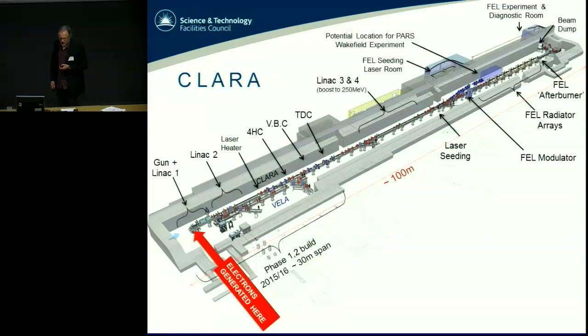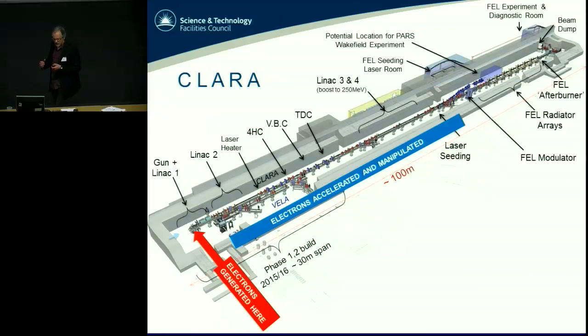Electrons are generated here in the GUN and LINAC 1, and then they're accelerated and manipulated. It goes through the VBC, the variable bunch compressor, so they turn the beam around and squash it down to femtoseconds, ready to be fed into the second LINAC, 3 and 4, boosted to 250 MeV. Notice I've been talking about GeV, so that's a quarter of a GeV, and that's its sort of final energy.